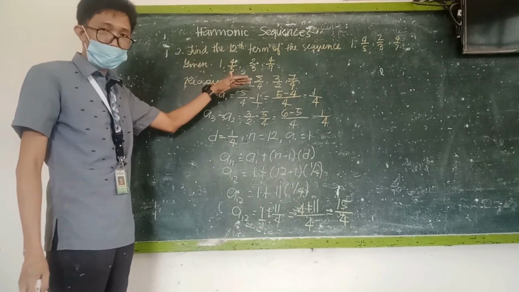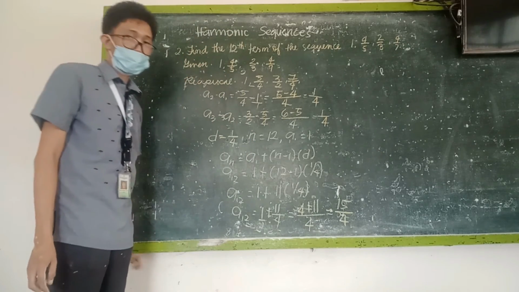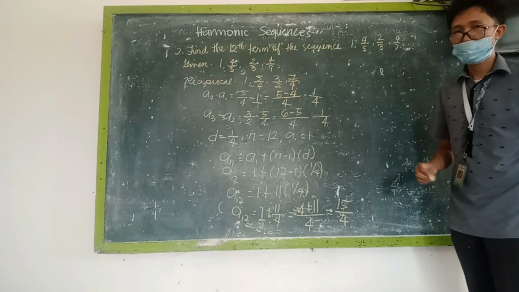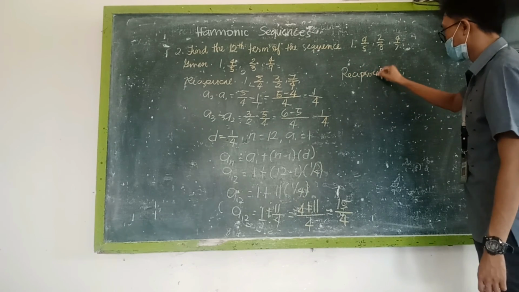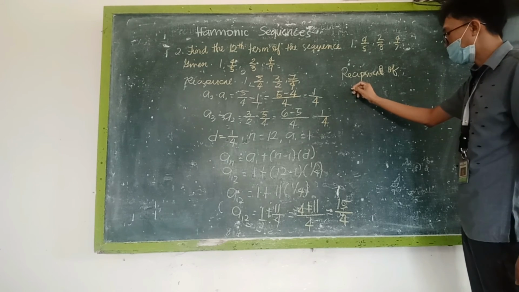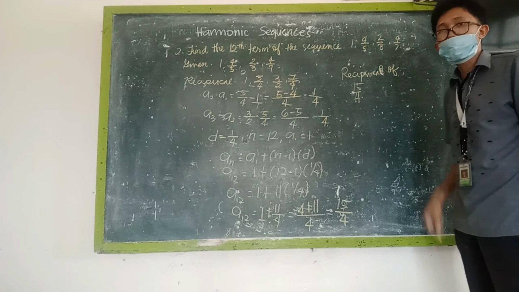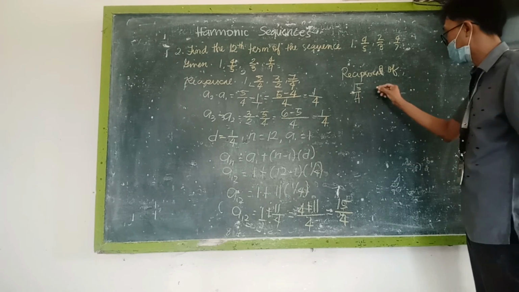Yung doon sa reciprocal. Now, paano natin makukuha yung term talaga sa harmonic sequence? We are going to reciprocate lamang. I-reciprocate lang natin ang 15 over 4. To reciprocate, change the position: ang denominator magiging numerator, ang numerator magiging denominator.